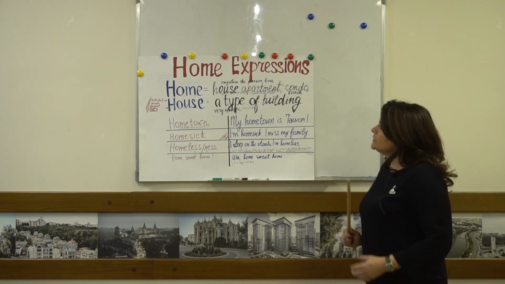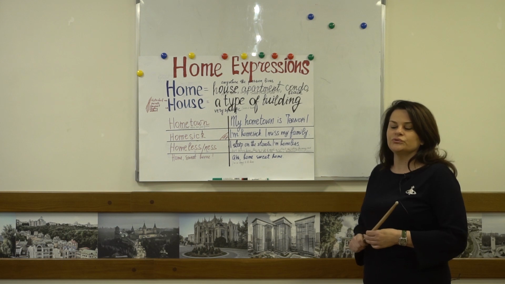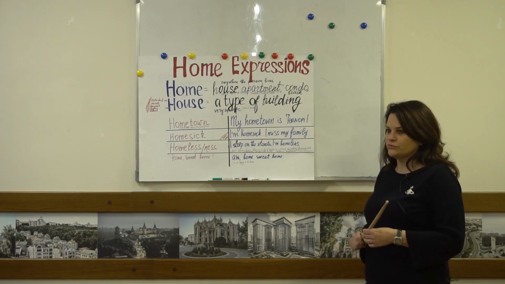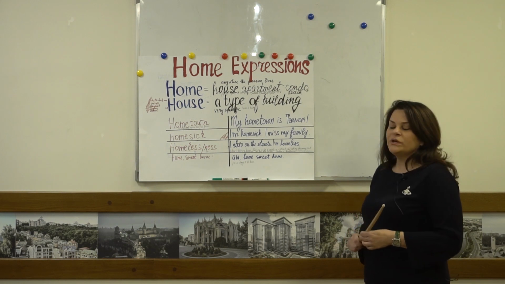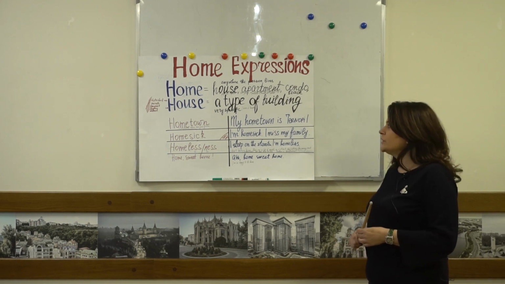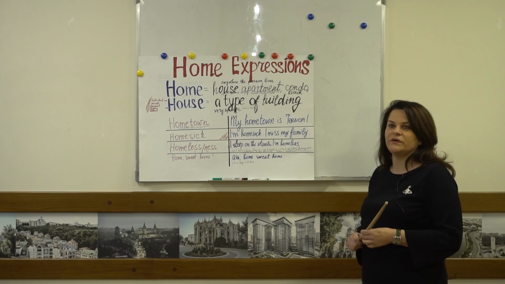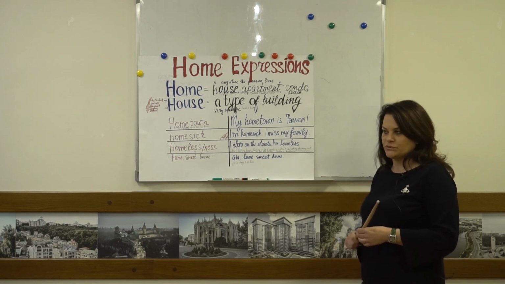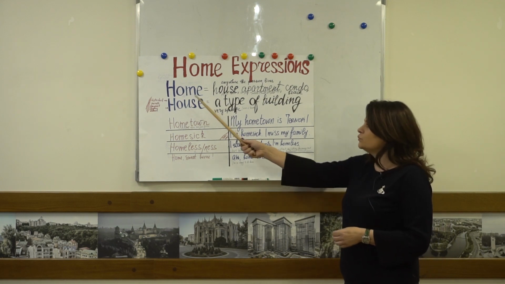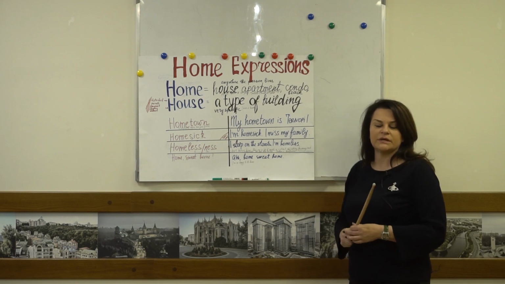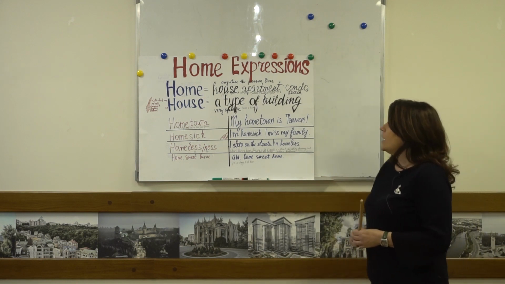Today I'm going to help you to differentiate these two words, home and house. When students are talking about home and house, they are in trouble. They are having a brainstorm because these two words, home and house, have different meanings.